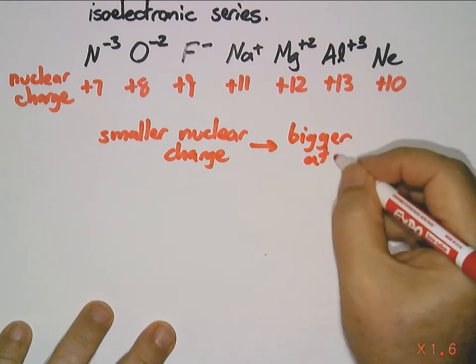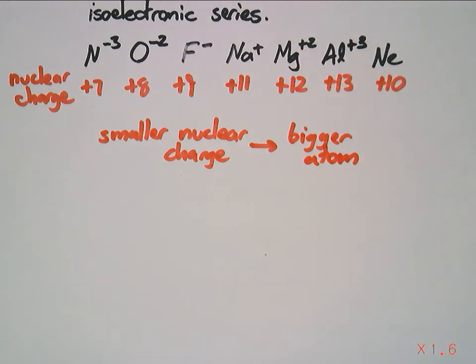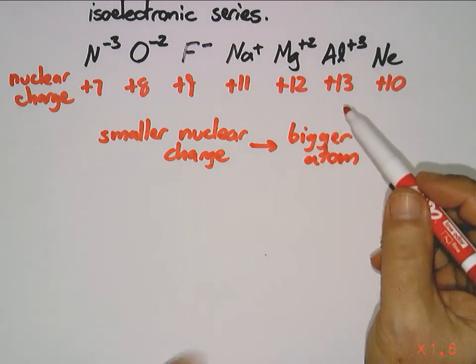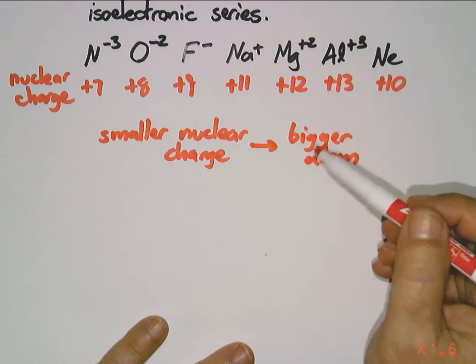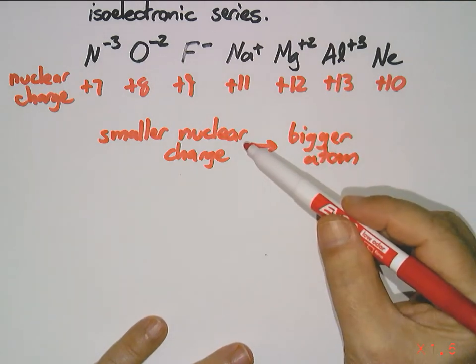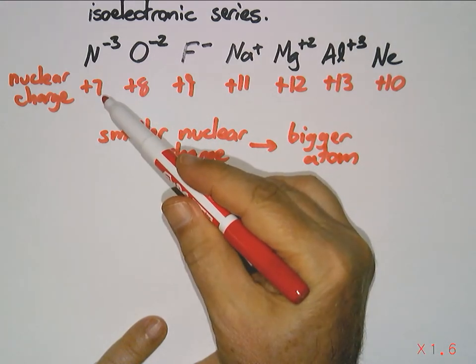This is the same rule that makes things get bigger as you go to the left. You have a smaller nuclear charge as you're going to the left on the periodic table, and that gives you a bigger atom. But here we're not looking at the periodic table anymore, except to get the nuclear charges. Which one has the smallest nuclear charge? This one. So this one's going to be the biggest.